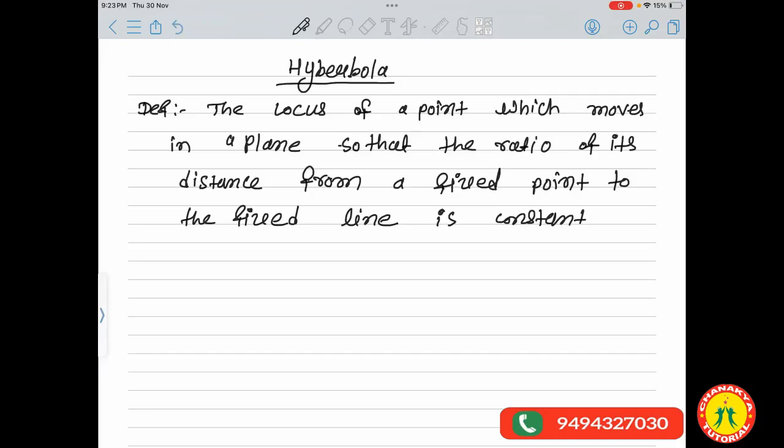So it means the locus of the point which moves in a plane so that the ratio of its distance from a fixed point, that is focus, and a fixed line, always called directrix, right? So now PS upon PM is equal to E in every locus. E is eccentricity.